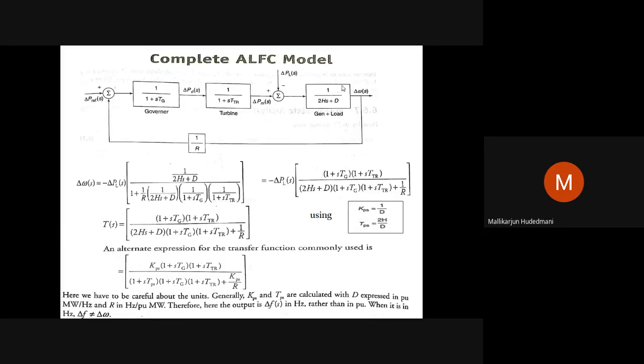If there is an error available, delta omega is noticed, then this error has to be nullified. To nullify this, it has to be fed back as a feedback path to the reference set point. What was the reference set point? To that, a correction from the error delta omega is fed back here.